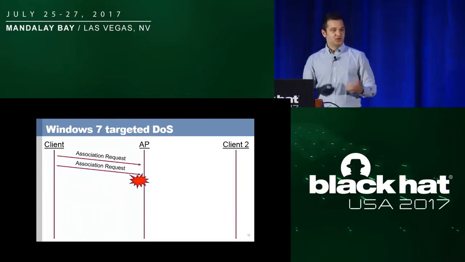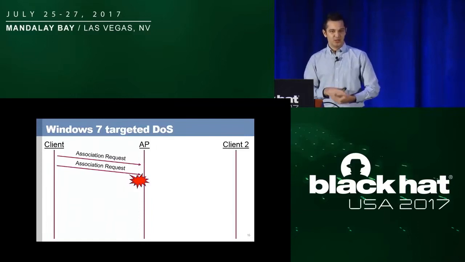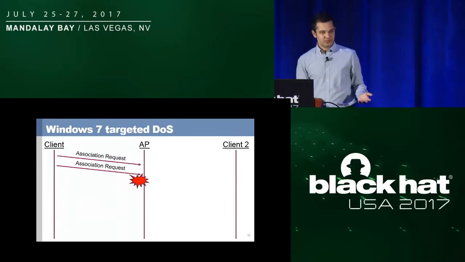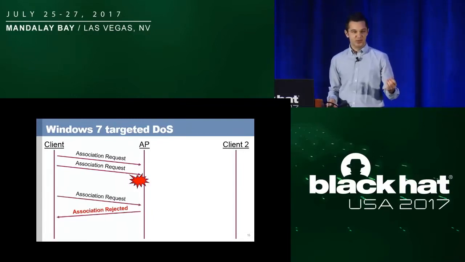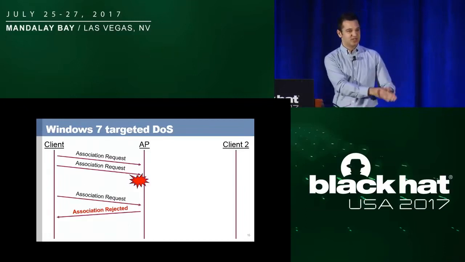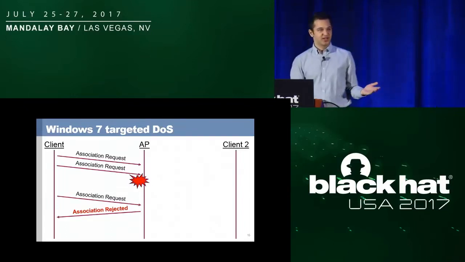Normally it should now start the four-way handshake because it received the association request, it should either deny this connection or it should start the four-way handshake, but nothing happens. And if we now, some seconds later, try to reconnect, so we again send an association request, then we get an association rejected response. In other words, we cannot connect.